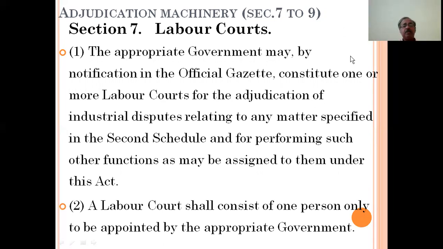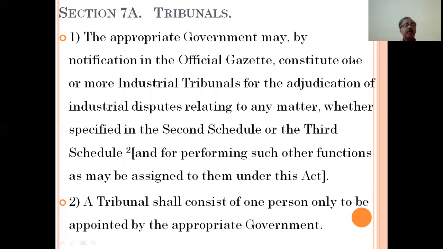The appropriate government may, by notification in the official gazette, constitute one or more labor courts for the adjudication of industrial disputes relating to any matter specified in the second schedule, and for performing such other functions as may be assigned to them under this act. A labor court consists of one person only, to be appointed by the appropriate government.